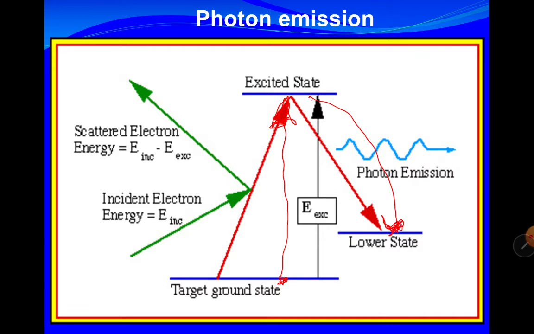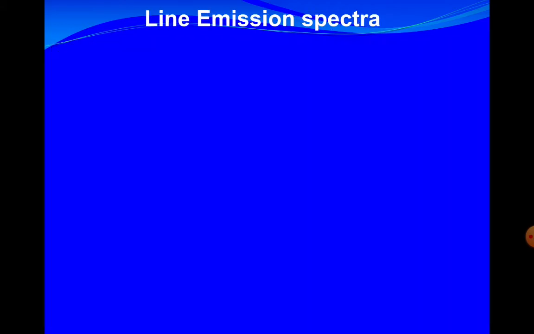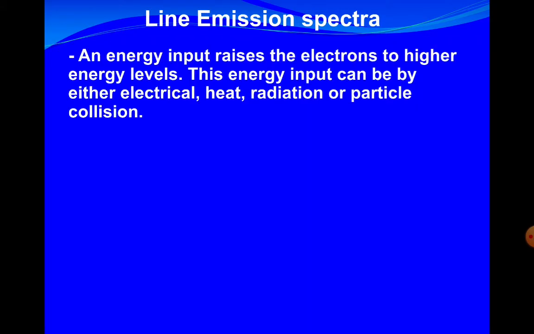When it falls back to a lower state, there will be a photon emission, and it will release light with a certain frequency. So, an energy input raises the electron to a higher energy level. This energy input can be either electrical, heat, radiation, or particle collision.